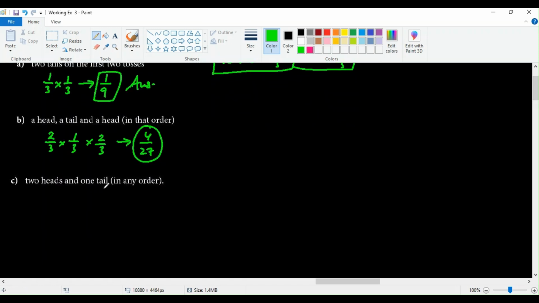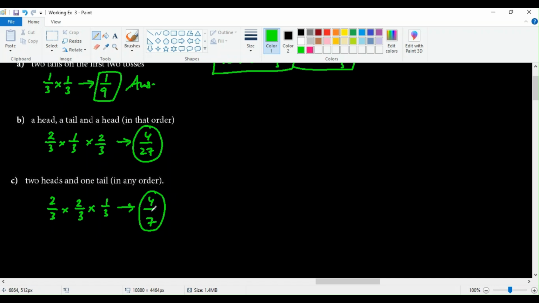Now 2 heads and 1 tail. That means 2 heads, we are talking about 2 over 3 times 2 over 3, which is heads, and 1 tail. 1 tail is 1 over 3. So it's going to be 4 over 27. So this is the possibility of having the first one.